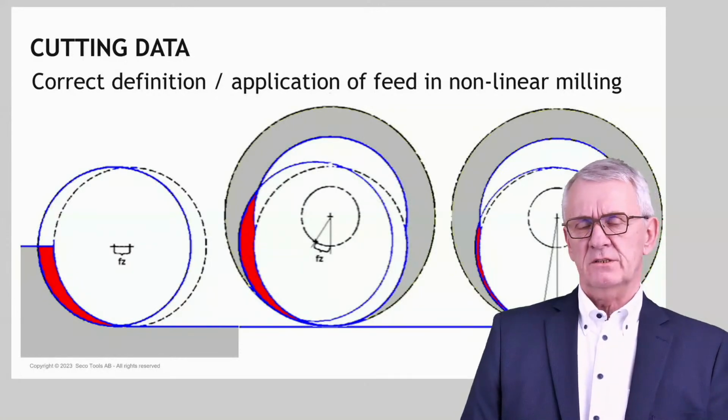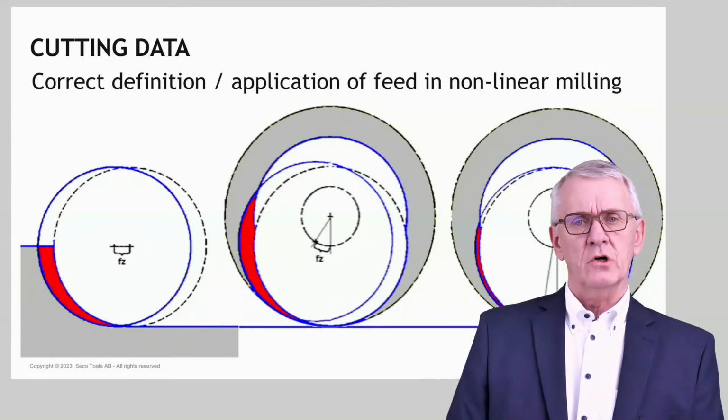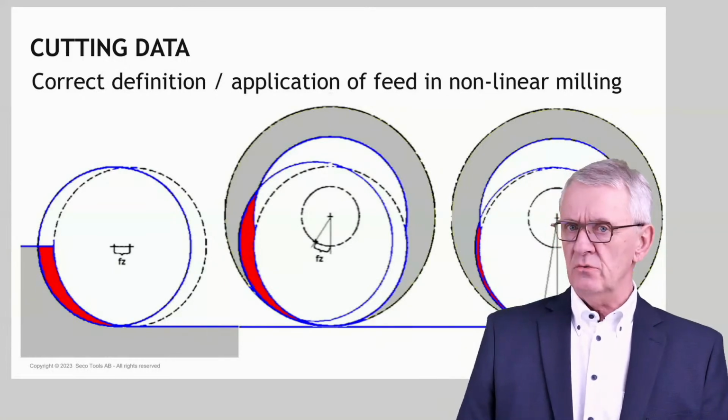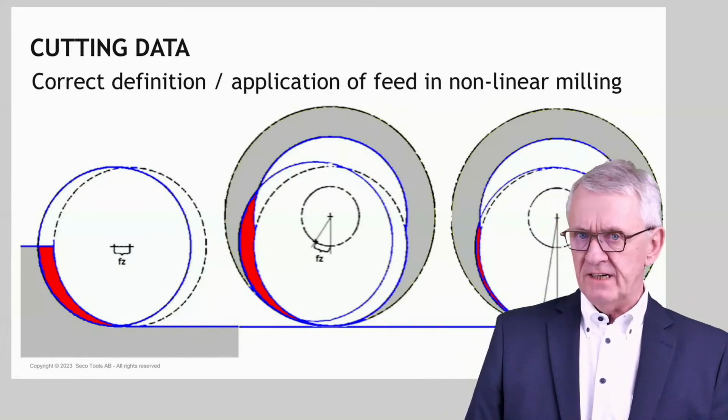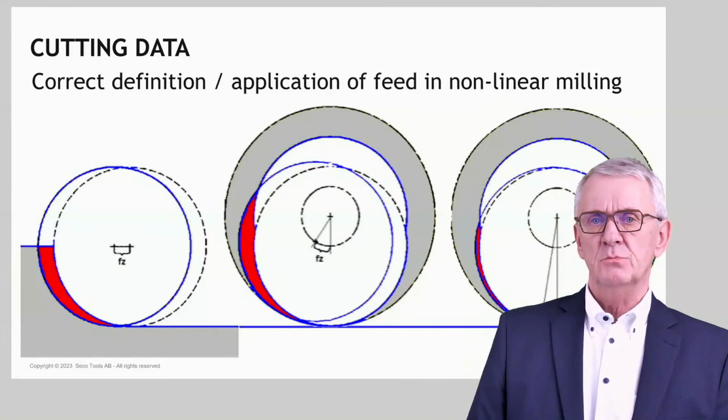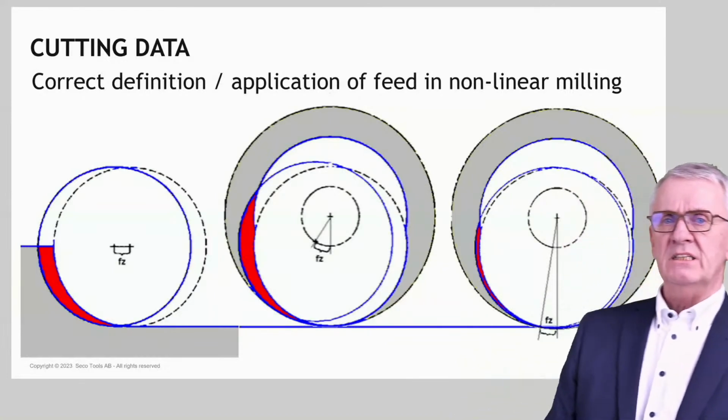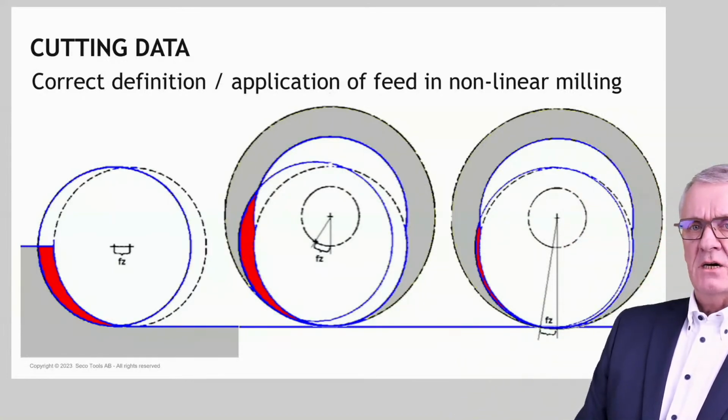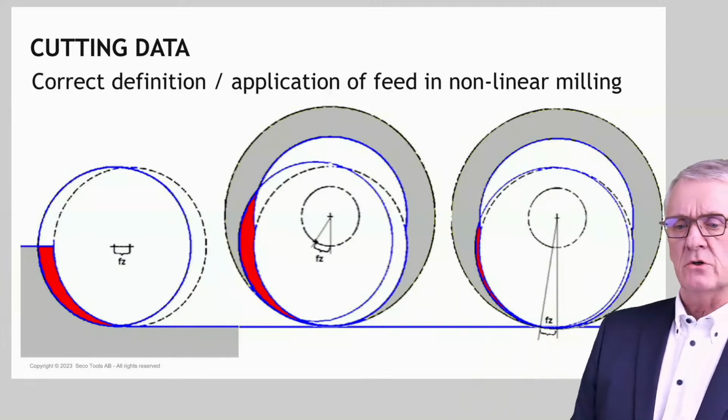And if a milling cutter is following a linear line or a non-linear line, that does not modify the definition of feed. Feed is movement of a center line. That means of the non-linear examples here, the one to the right and the one in the middle, it's the one in the middle where feed is applied correctly.